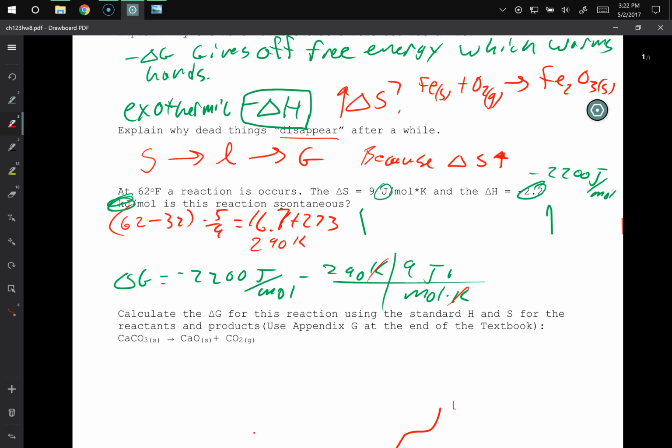Negative 2200 minus 290 times 9. Negative 4810 joules per mole. Is it spontaneous? Sure. Could you have answered this question without doing any math? Yes. Right. Because my S was a positive value and my delta H was a negative value, so automatically that means it's got to be spontaneous.